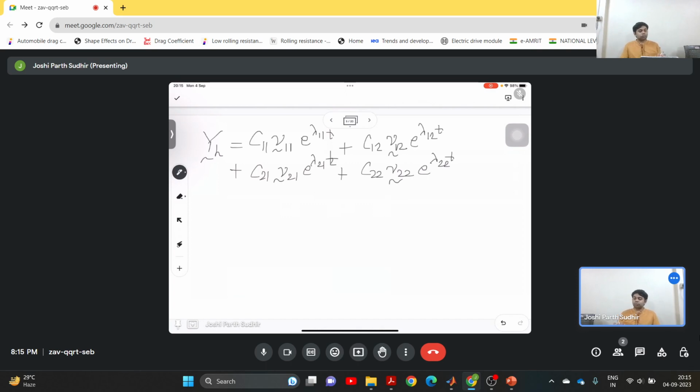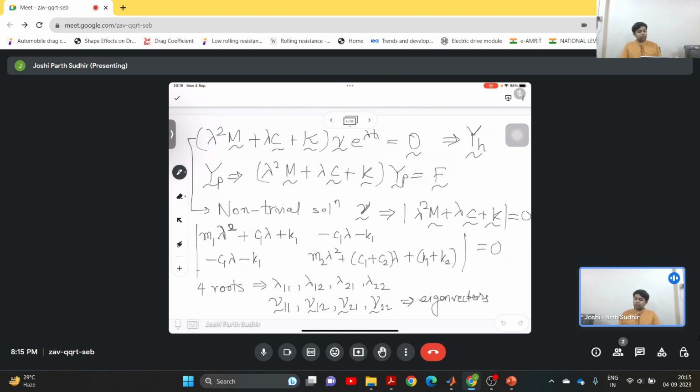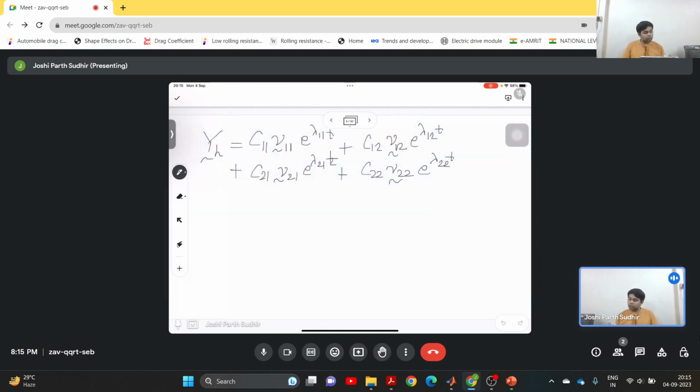And let us say if our force is of sinusoidal nature, then we can assume our particular solution of the form, let us say, a1 sine omega t plus b1 cos omega t, and a2 sine omega t plus b2 cos omega t.